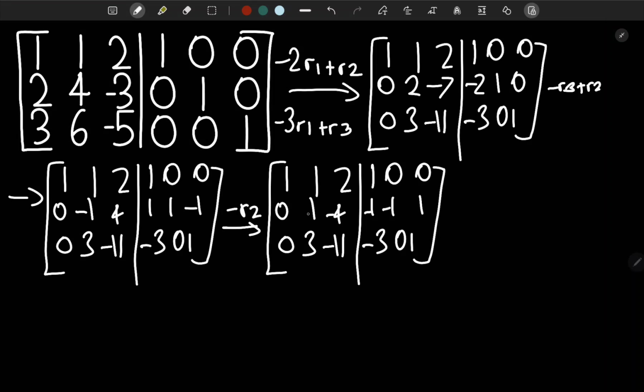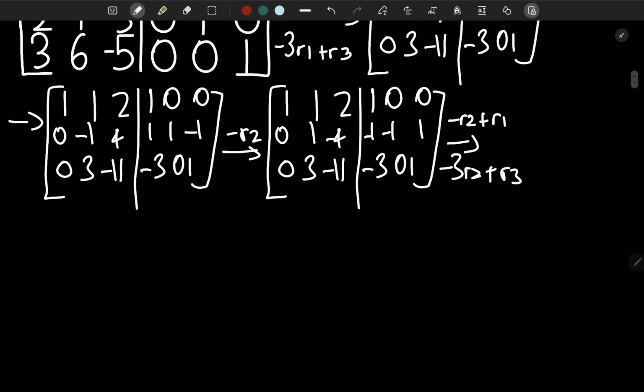Now we can use row 2 to get rid of this one over here and this 3 over here, and we can do that by the following operations of minus R2 plus R1, to get rid of this one over here, and to get rid of this 3 we can do minus 3R2 plus R3.